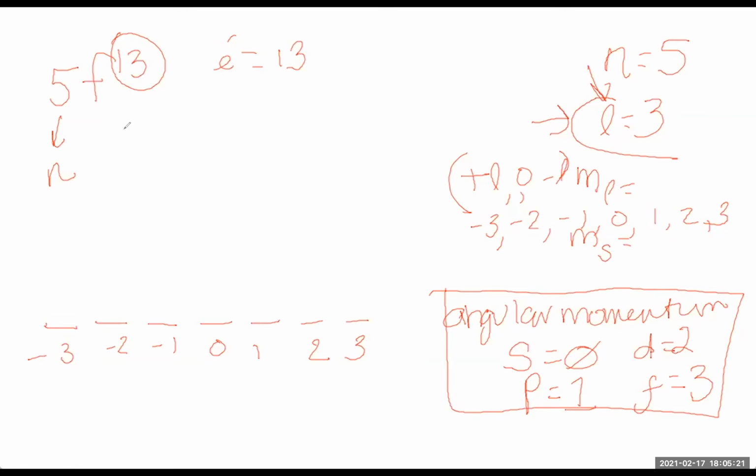So here there's 13 electrons. So we do 1, 2, 3, 4, 5, 6, 7, but we have 13. So we'll set the other ones, 7, 8, 9, 10, 11, 12, 13. So that means that we take a look at our last electron right here, and it's facing downward. So if it's facing downward, our M sub of S would be what?